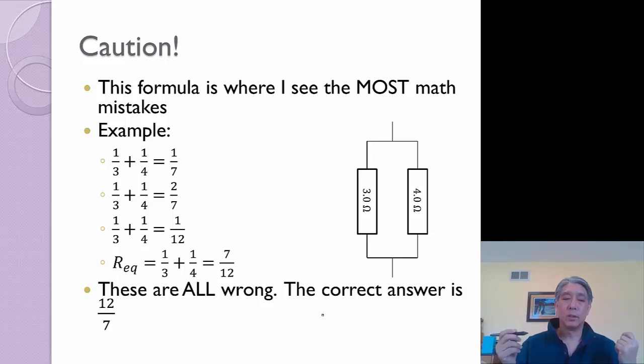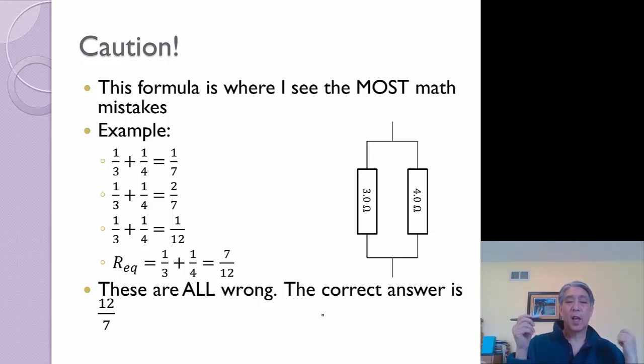Okay, so I've seen other people do 1 over 3 plus 1 over 4 equals 2 over 7, which is marginally better, but still incredibly wrong. And then I've seen people do 1 over 3 plus 1 over 4, and they remembered that I needed to do least common denominator, and so they multiplied the top and multiplied the bottom, and ended up with 1 over 12, which is still wrong.